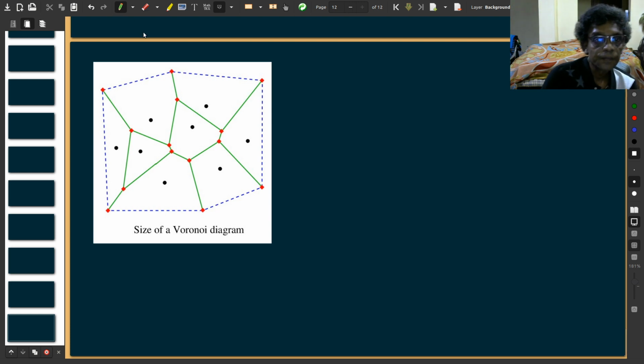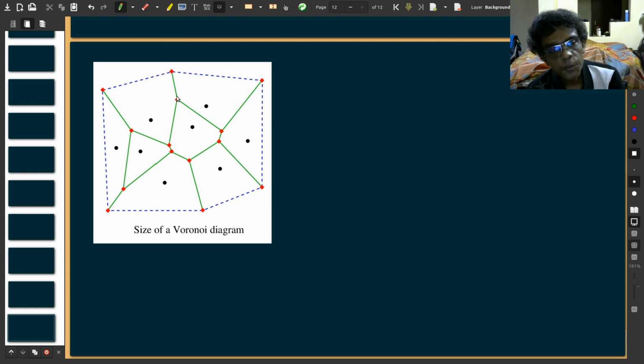Okay, so first problem is we have semi-infinite edges, but we can choose some points a little bit away from this and assume that this will go up to infinity, but I will just cut it here. So we do something like this, so that I can talk about a bounded region with the understanding that this will proceed to infinity, but I now have a finite figure.